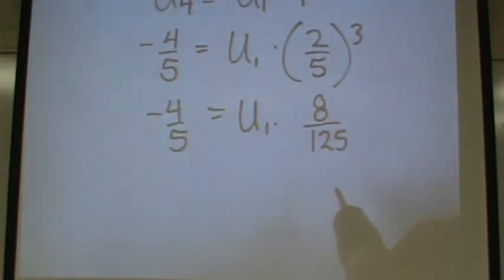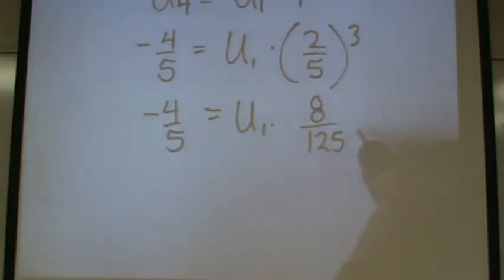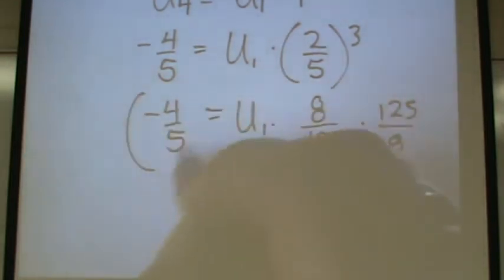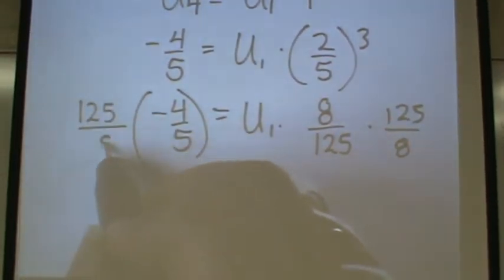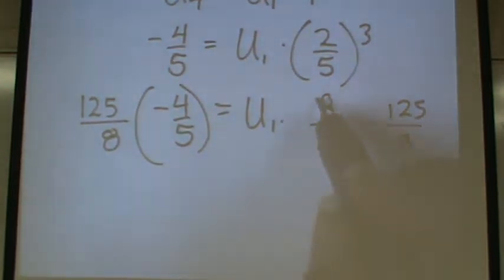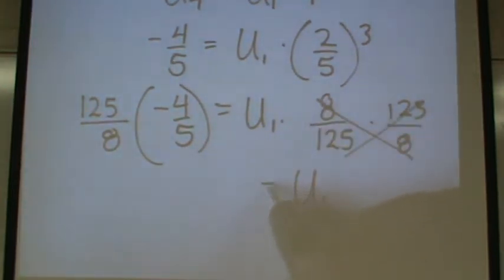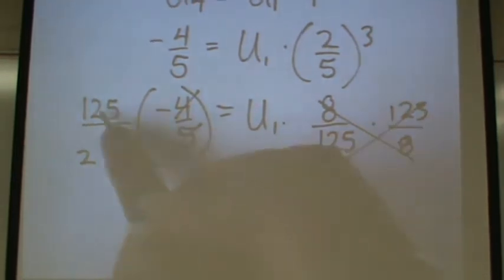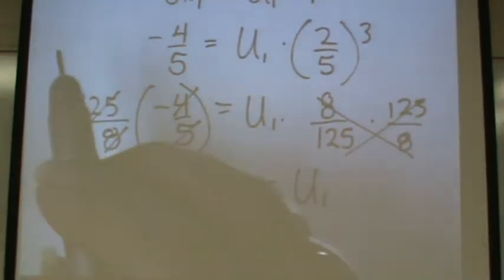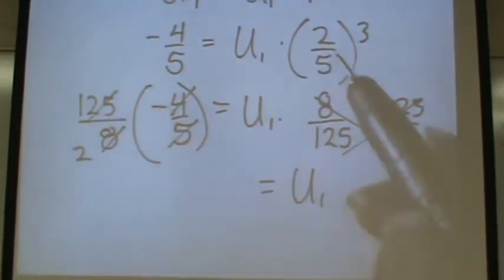So now, how do you get rid of this? You're going to multiply both sides by the reciprocal, and simplify this. This is 1, and 4 goes into 8 2 times, and 5 goes into this 5 times.